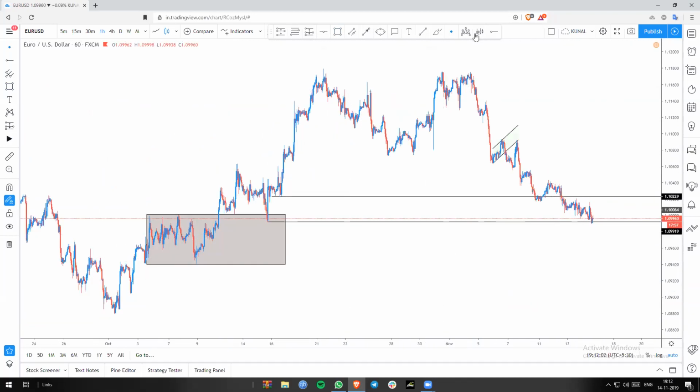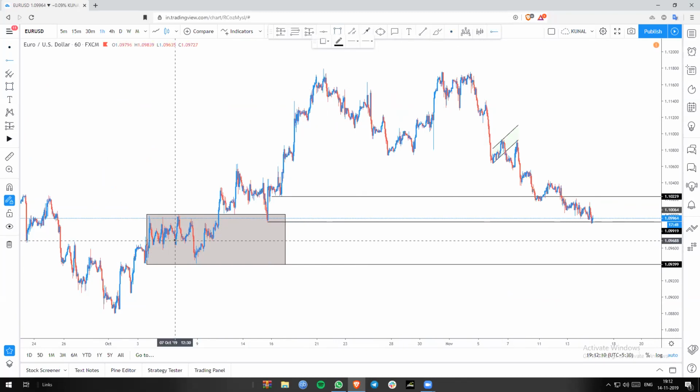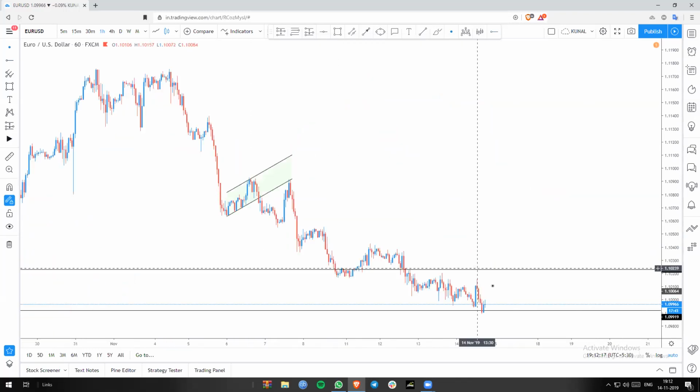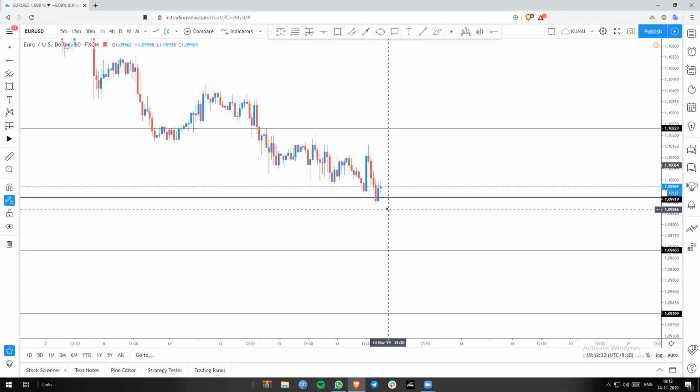This low can also be the target it can go till. But in the middle of this range, we still have some key levels to be considered as strong levels. If this formation breaks to the downside, we can say that EU has some more room to the downside.